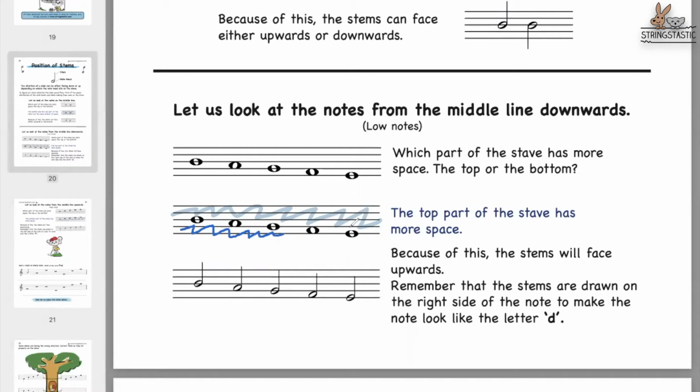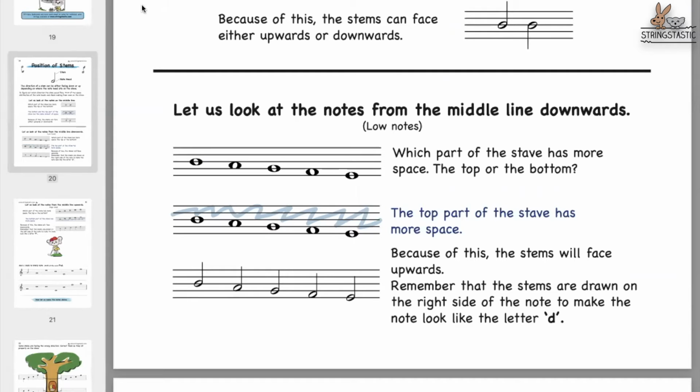And the students are going to answer the top part of the stave. Notice how I said part of the stave. Notice which part of the stave has more space. Top part of the stave, which means that the stem is going to face upwards because it's trying to balance out the space on the stave. So the seeds are going to grow upwards, right? Yes. Okay.